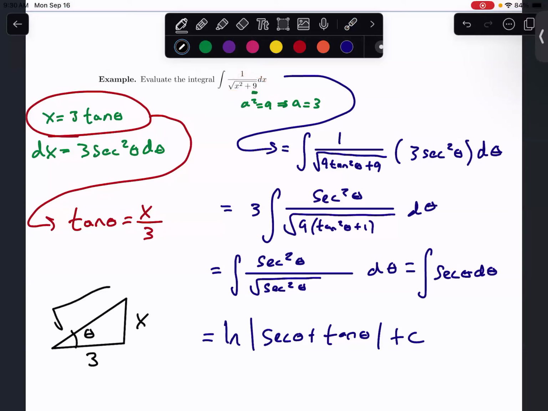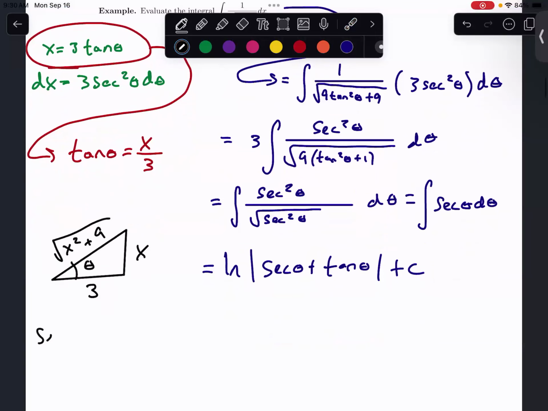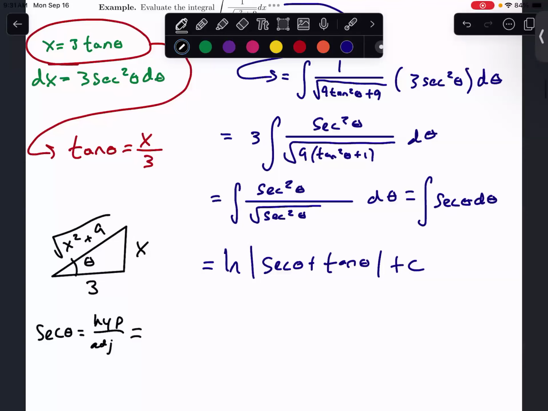So this is the square root of x squared plus 3 squared, which is 9. And so this implies that we have secant theta equal to hypotenuse over adjacent, just the reciprocal of cosine. And so this is equal to the square root of x squared plus 9 over 3.